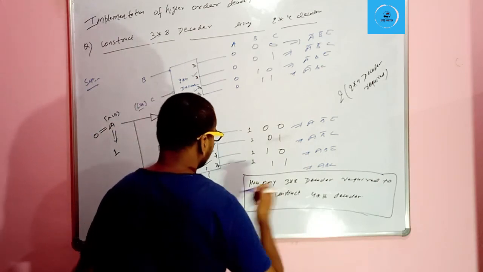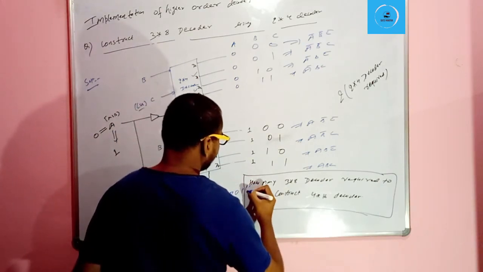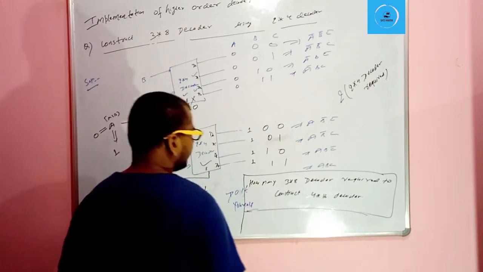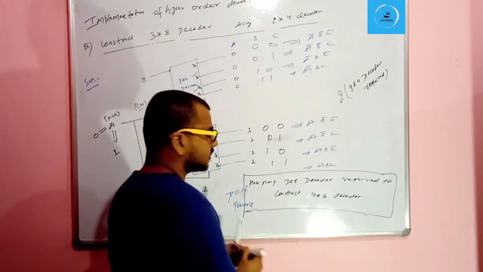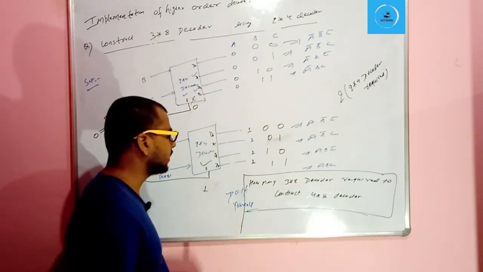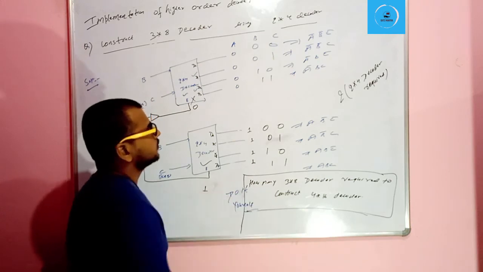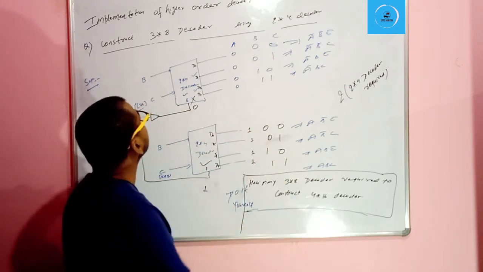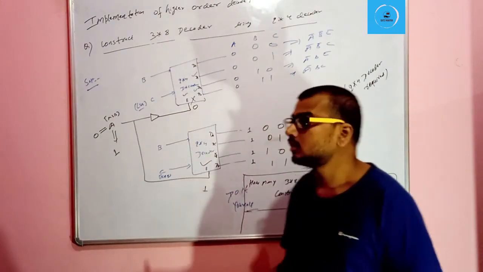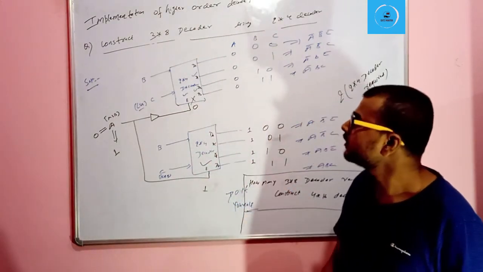Do it yourself. If you face any difficulty, please ask in our Telegram channel, or you can also comment in the comment section for this question. I have solved this question very clearly. If there is any doubt, please replay the video and see once again.